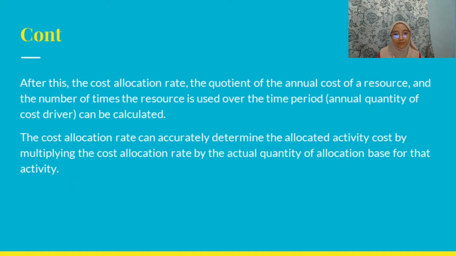And after that, we can then calculate the cost allocation rate by the quotient of the annual cost of a resource and the number of times the resource is used over the time period. The cost allocation rate can accurately determine the allocated activity cost by multiplying the cost allocation rate by the actual quantity of allocation base for that activity. So that's all from me. Thank you.